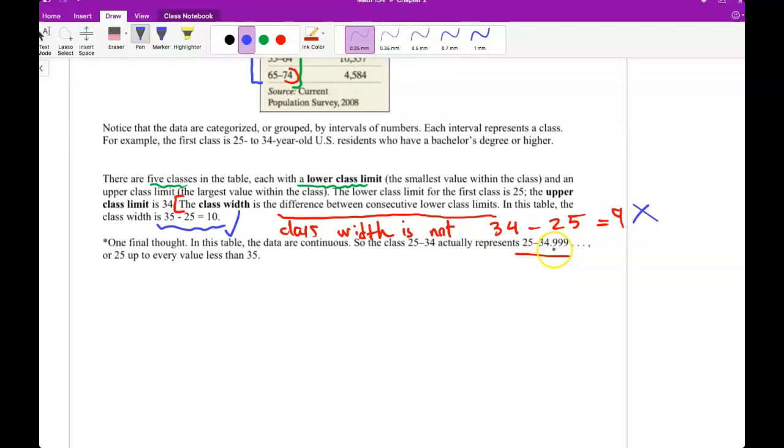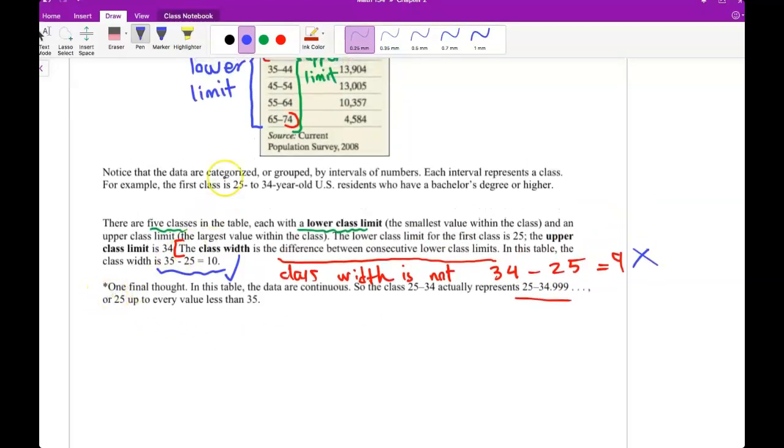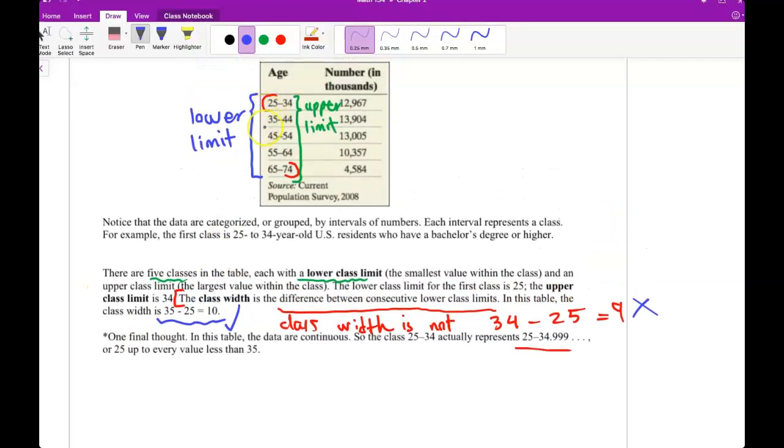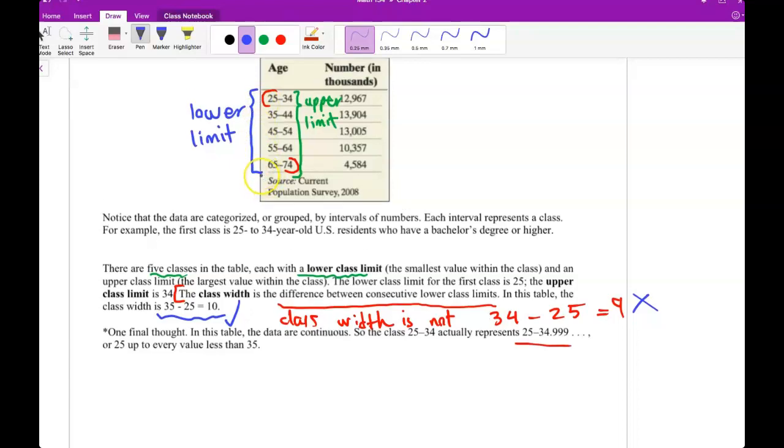This means that we have continuous data. We may have 34.90, 34.91, 92, 99, and so on. So for all of these, it doesn't matter which one you choose, class width is always equal to 10.